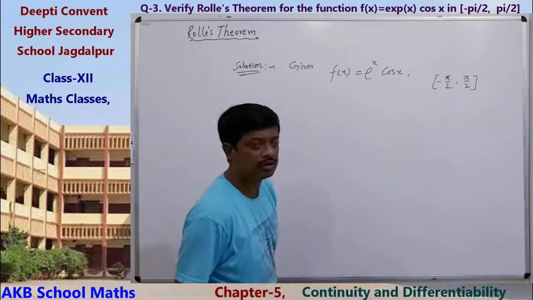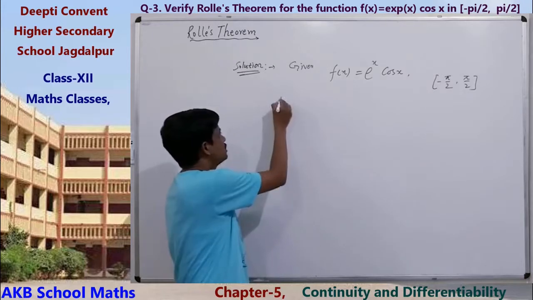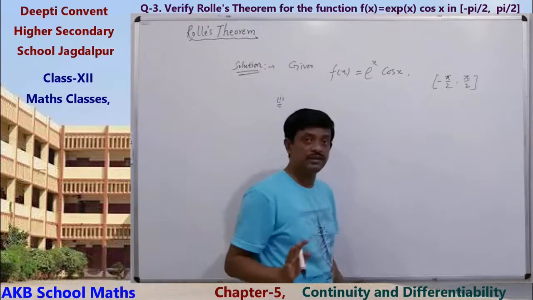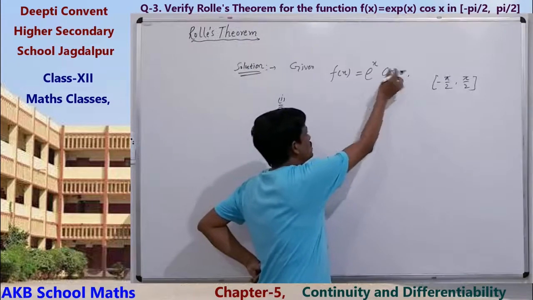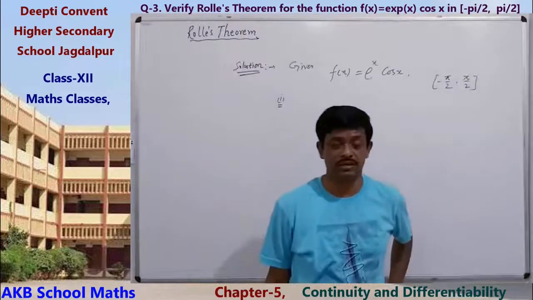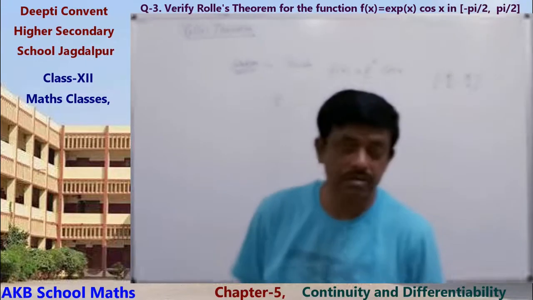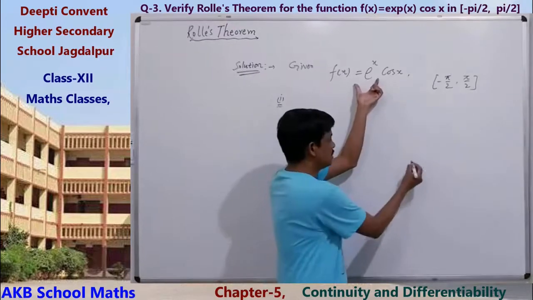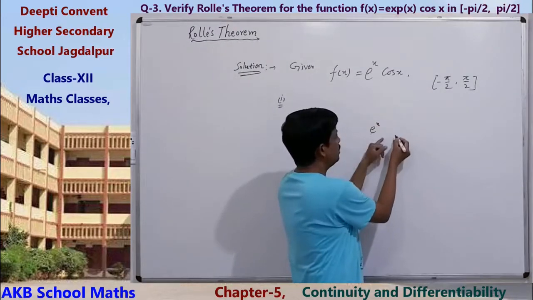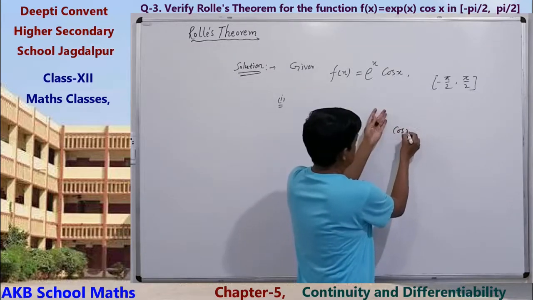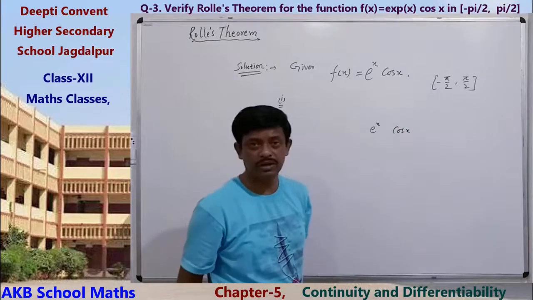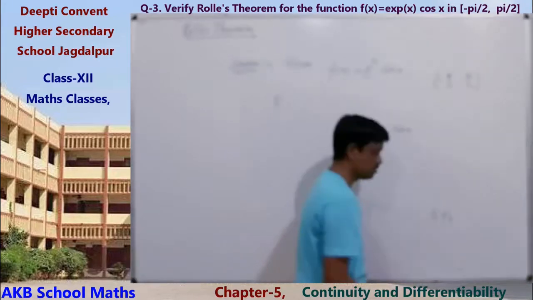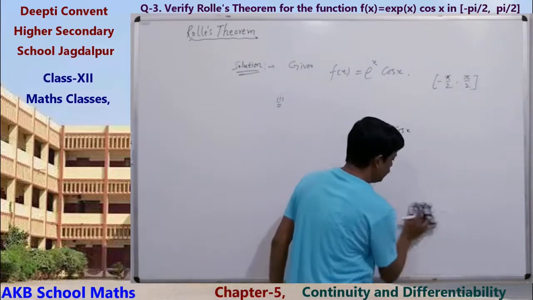First of all, we are testing three conditions. First condition: here we know that the exponential function and the cosine function are continuous in their domain, and we also know that if f1 is continuous and f2 is continuous, then their product is also continuous in their domain.